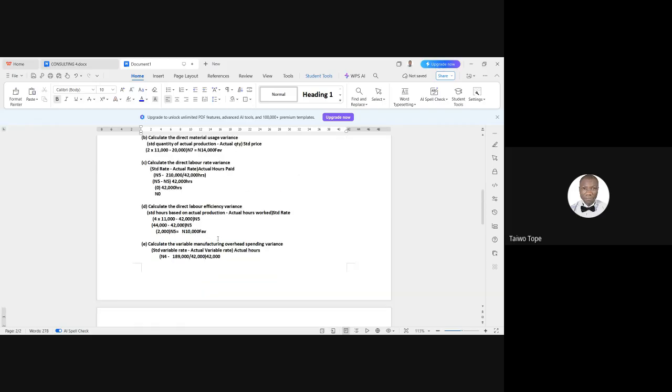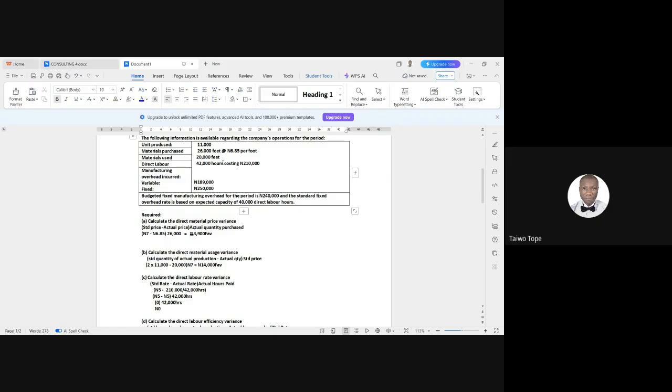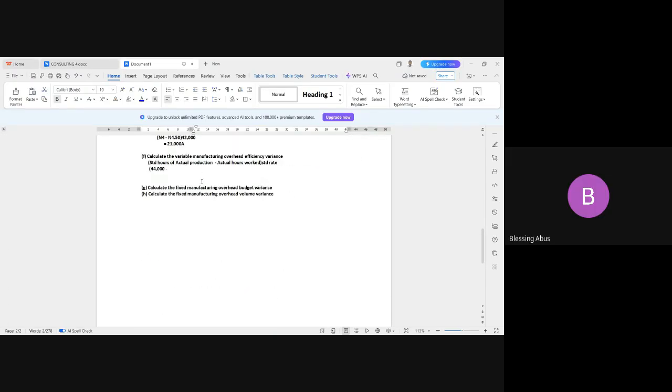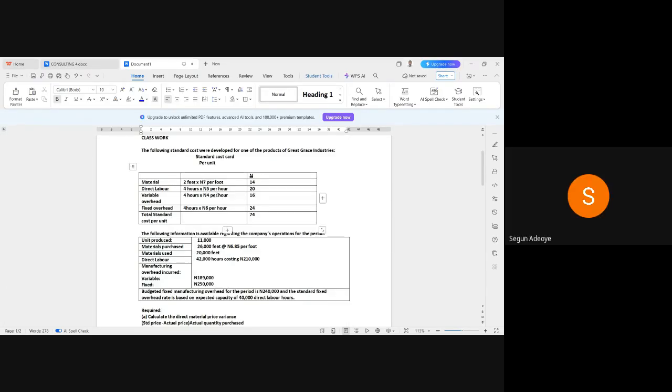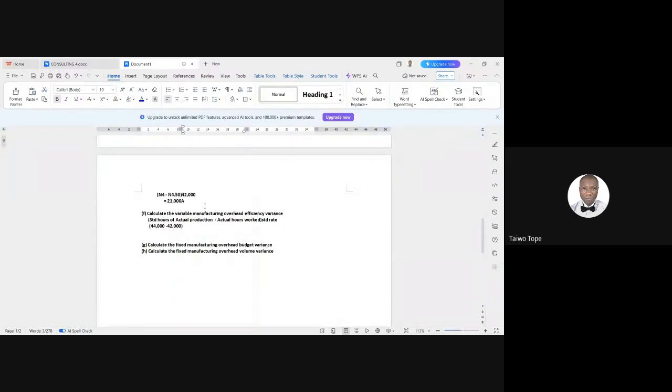The actual hours worked are 42,000 hours. The variable rate is 4 naira per hour. So when you simplify, the result will be what?